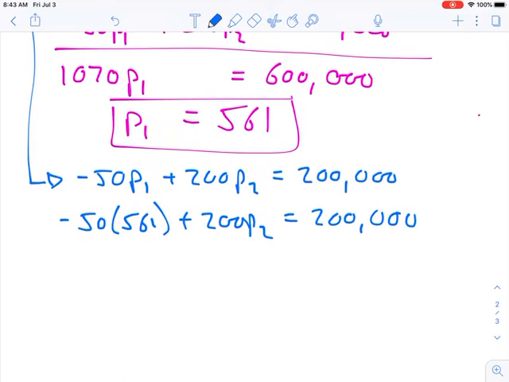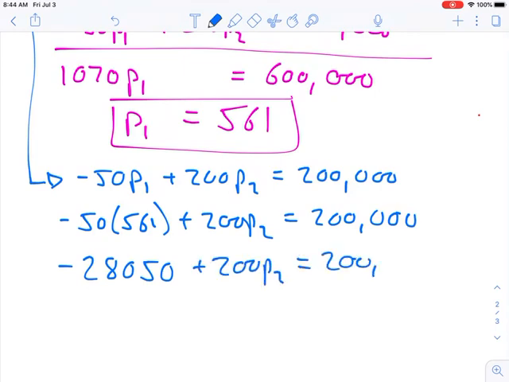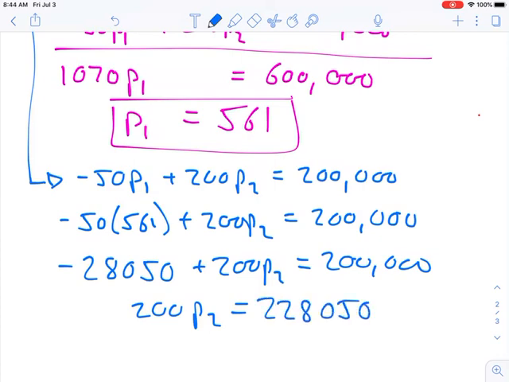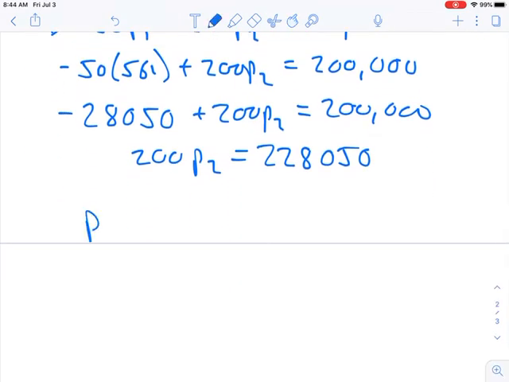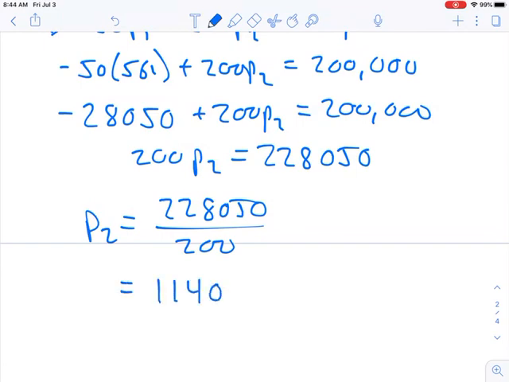We end up with negative 28,050 plus 200 P2 equals 200,000, or 200 P2 equals 228,050. And so then finally, P2 is going to be 228,050 divided by 200, which should come out to 1140.